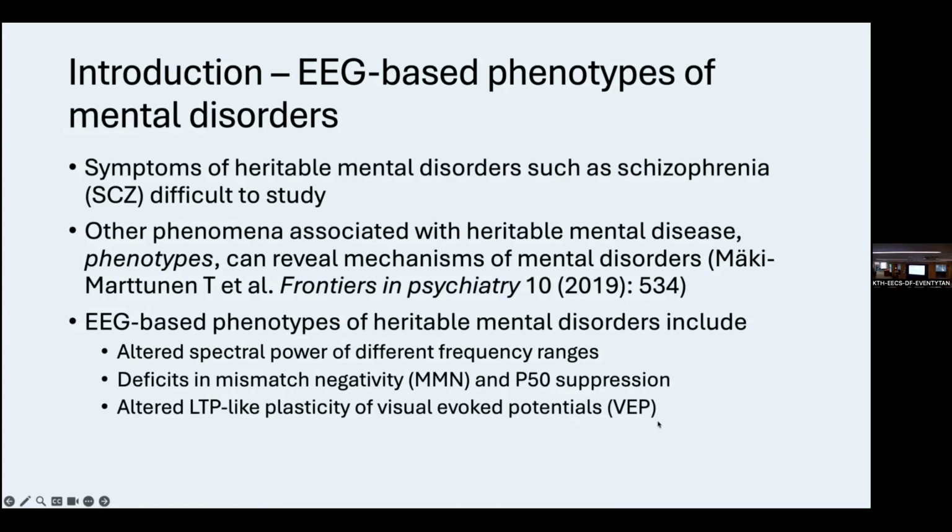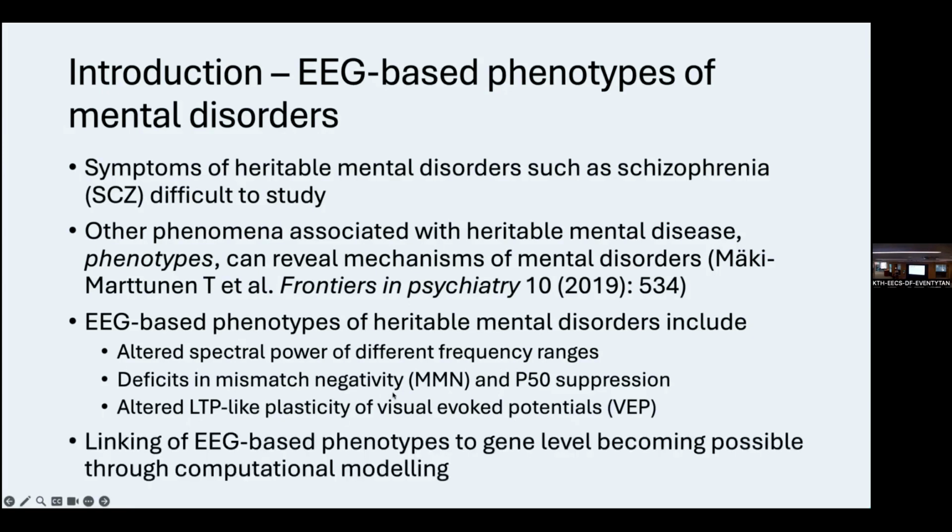So this is a phenomenon where you give a checkerboard visual stimulus to a person and keep reversing the white to black and black to white for many minutes. Then the event-related potential that is related to each of those changes gets strengthened in amplitude over time. But how much it gets strengthened is different between schizophrenia patients and healthy controls.